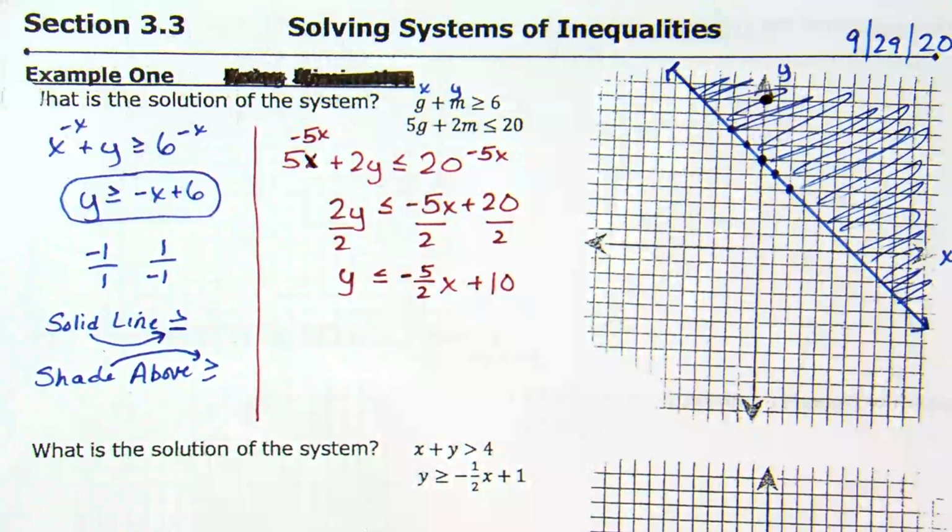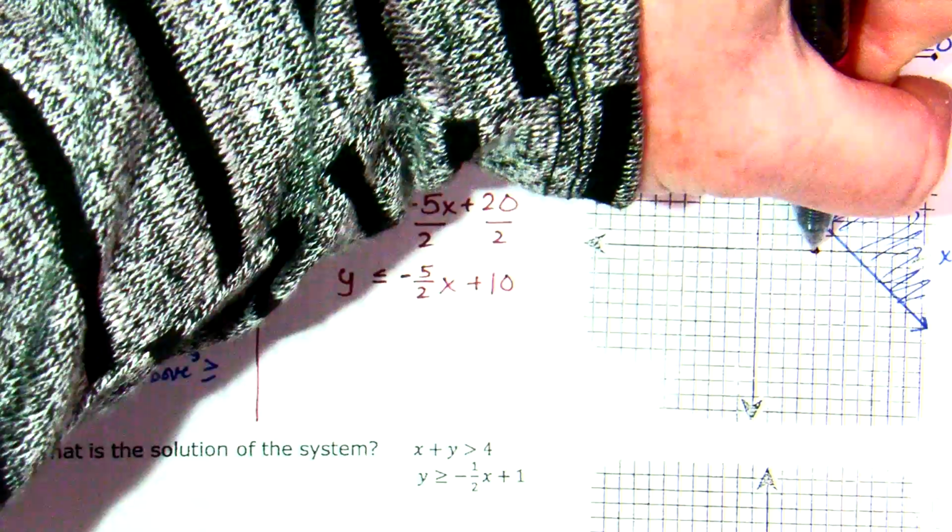So down 5, right 2. Up 5, left 2 doesn't really do anything for me here, does it? Kind of takes me off the graph. So down 5, right 2. I am going to do at least one more dot, just to make sure my line is kind of straight.